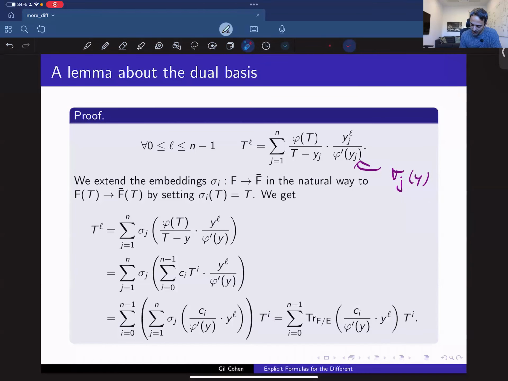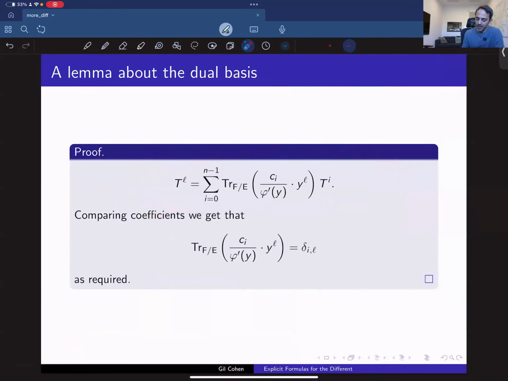And if you look at it for a second, this is precisely what you're doing here. You sum over all embeddings of something, which is precisely the trace of f over a. Right? The trace is the sum of all embeddings. So you sum over I, and t to the I has a coefficient which is this trace.